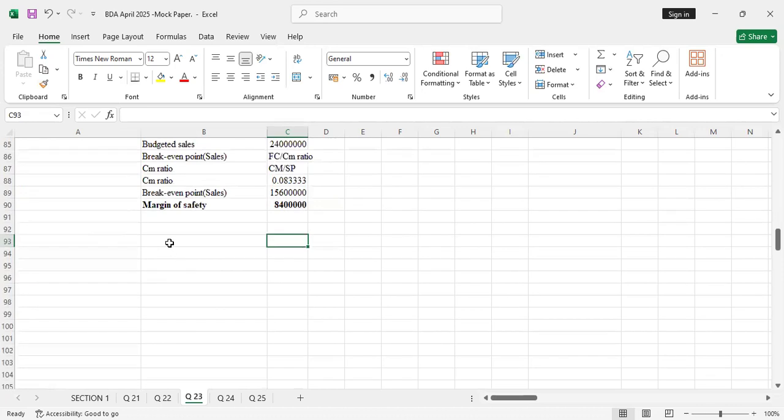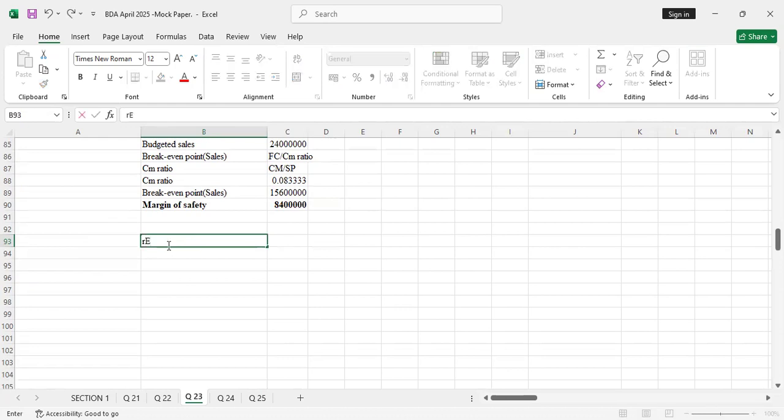The last part is the number of units, which we call the required sales in units.